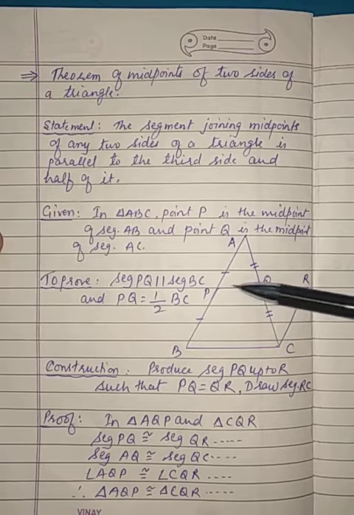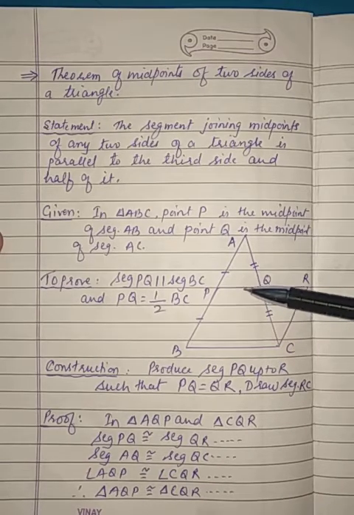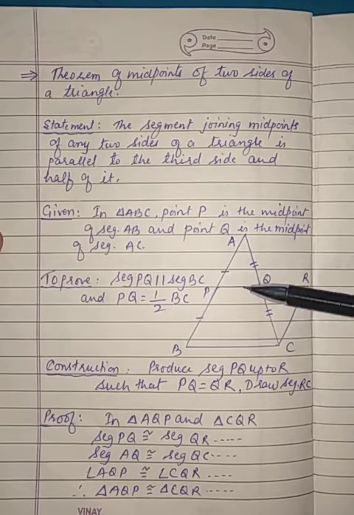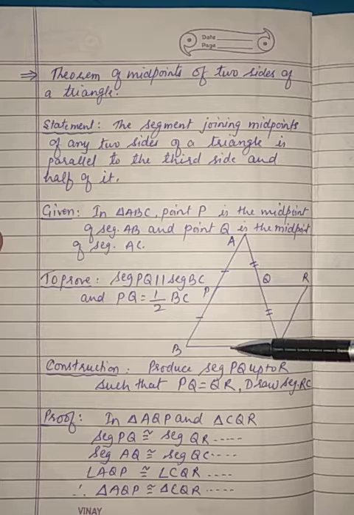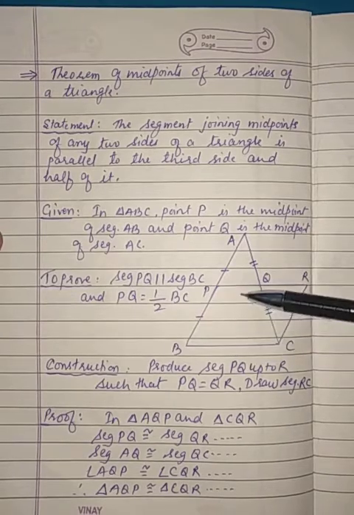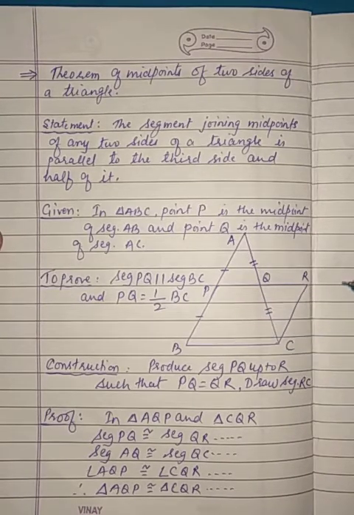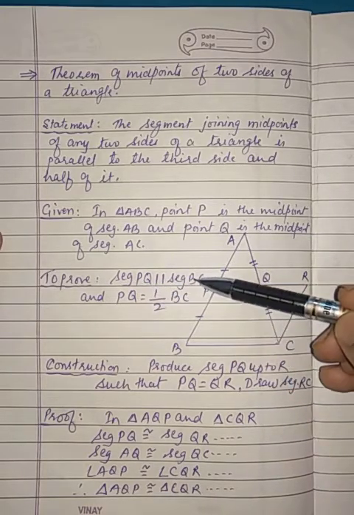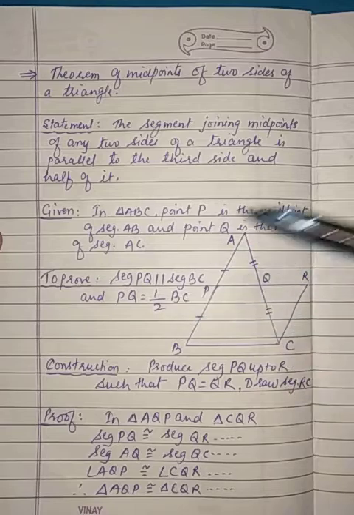It is parallel to the third side, that means this is what we are going to prove: PQ is parallel to BC, and half of it means PQ is half of BC.